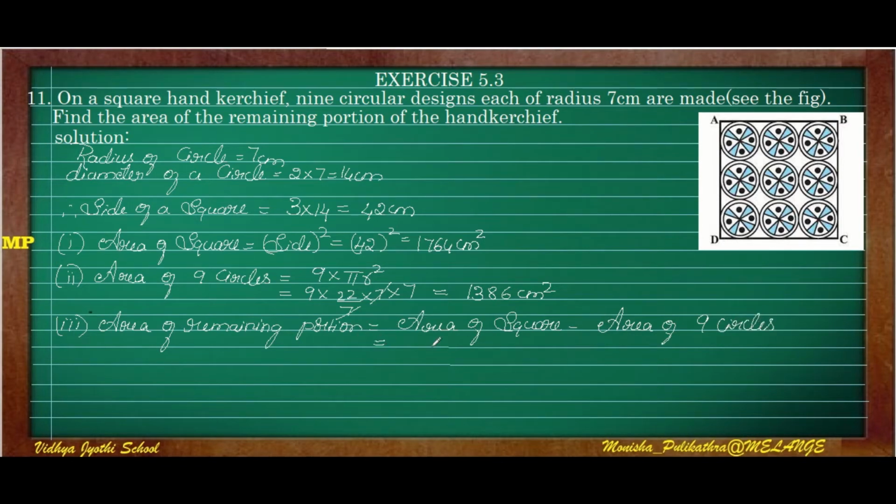So area of square is 1764 minus area of 9 circles is 1386. Therefore, the area of the remaining portion is equal to 378 centimeter square. I hope you understood this.